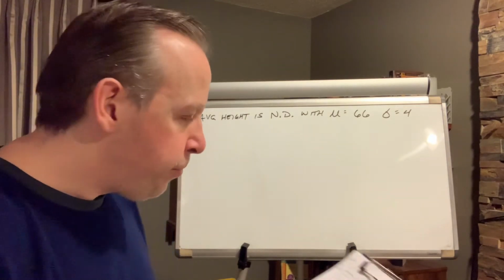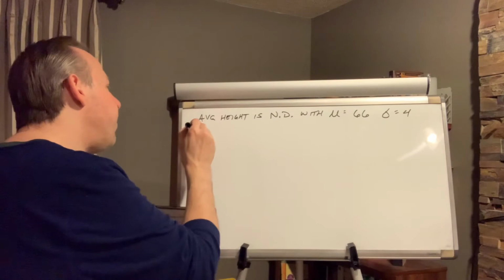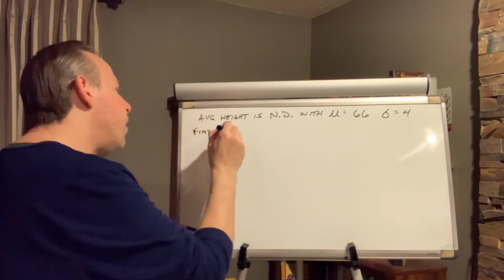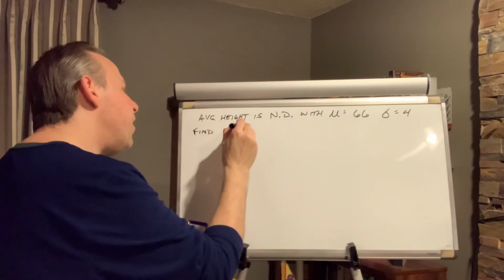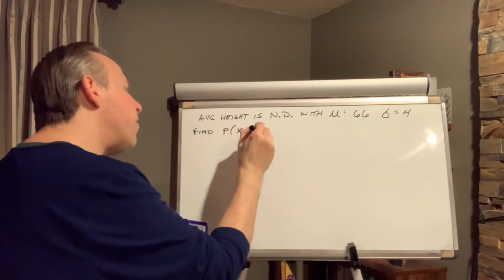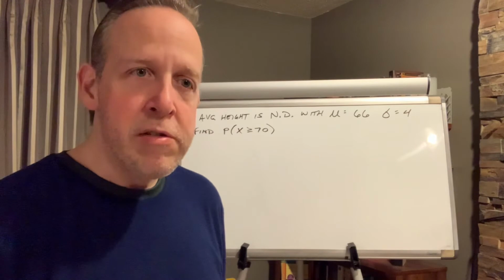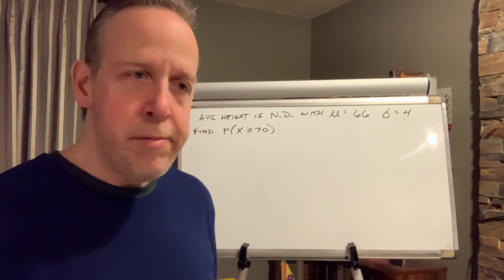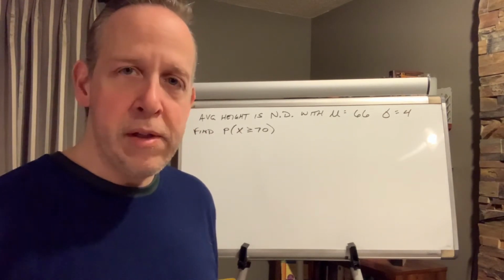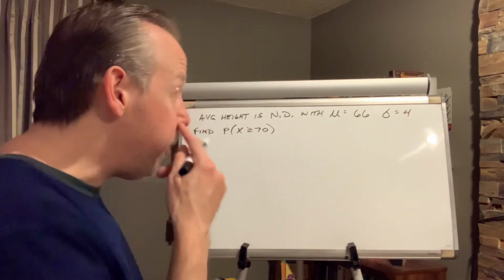Let's continue. I want you to find first the probability of an individual being at least 70 inches tall. Now, we can do this because the population is normally distributed, and I could find the probability using normal CDF. It's not that hard.